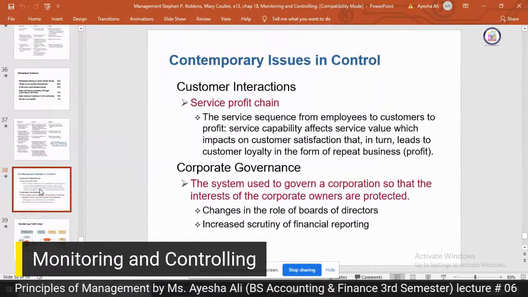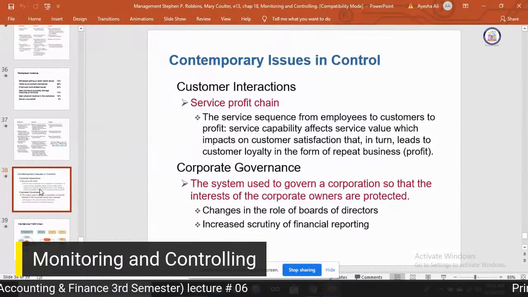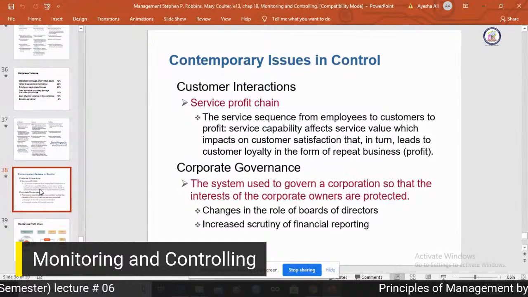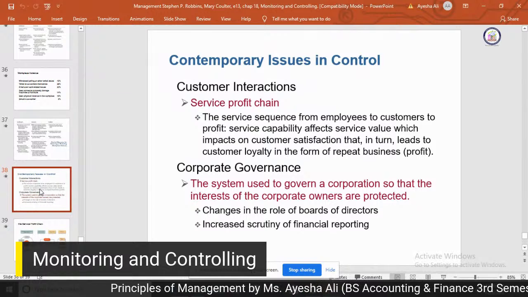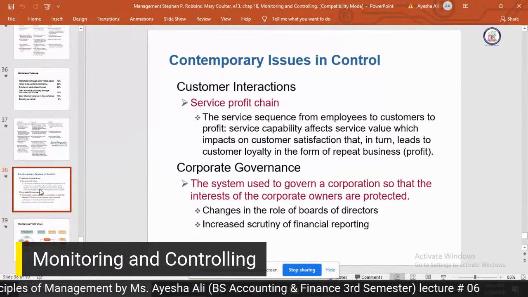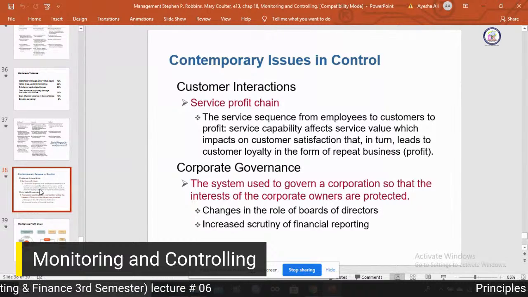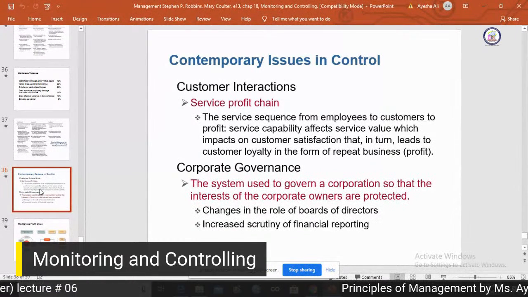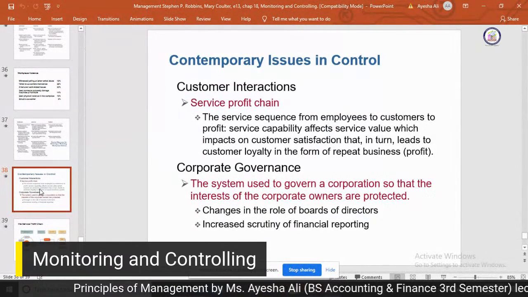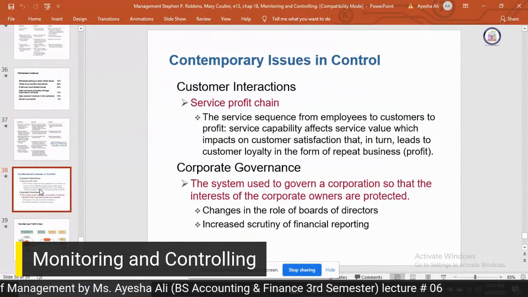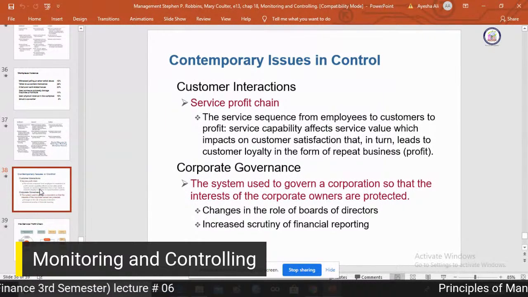If the employees are dealing with customers with love and affection, service capability affects service value, which impacts customer satisfaction. So the quality of service impacts the benefits for customers, and it leads to customer loyalty in the form of repeated business.